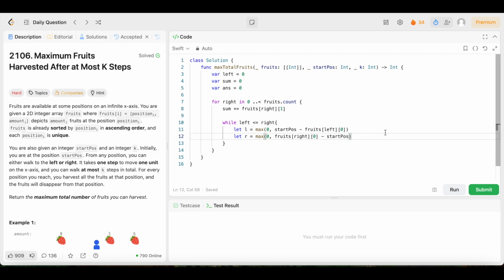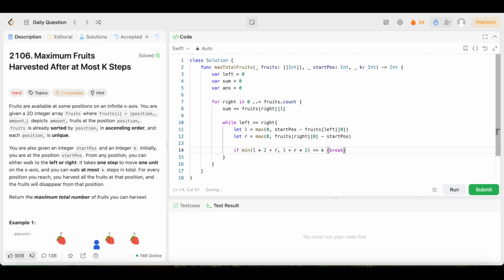So our formula is going to be, if min(L times 2 plus R, L plus R times 2) is less than or equal to K, then we can open up the brackets and we're just going to break.